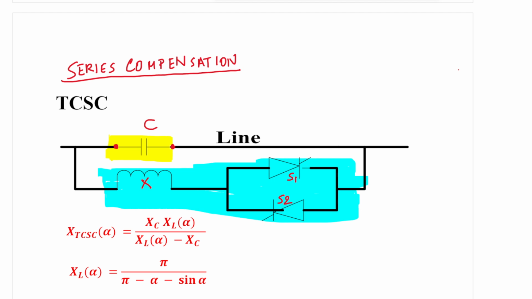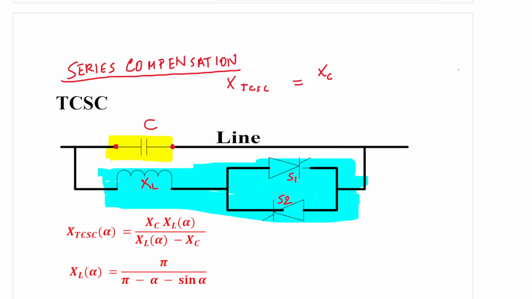Now whatever reactance or inductance this provides, it will not be providing XL, but this is purely dependent on this thyristor. So basically, what is the net reactance of TCSC? Of course, we have XC, but we have a parallel reactance XL, but that parallel reactance again is dependent on these two thyristors.